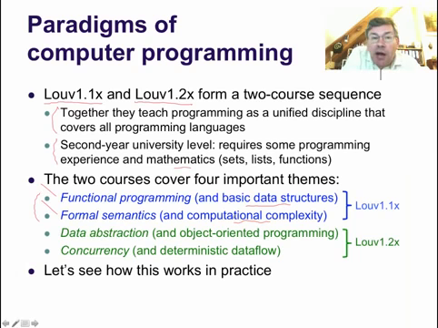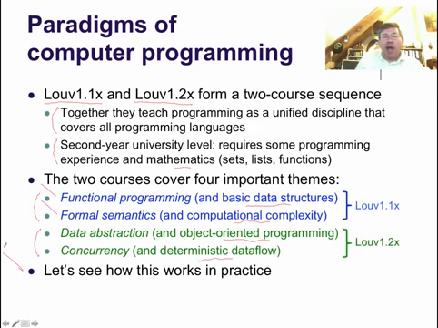This is essentially how the execution time or space of your program changes when the input size increases without bounds. And in Louvain 1.2x, we will continue and talk about data abstraction and concurrency. Object-oriented programming is covered as part of data abstraction, and in the part on concurrency, we'll talk about a particular very nice way of doing concurrent programming called deterministic data flow.